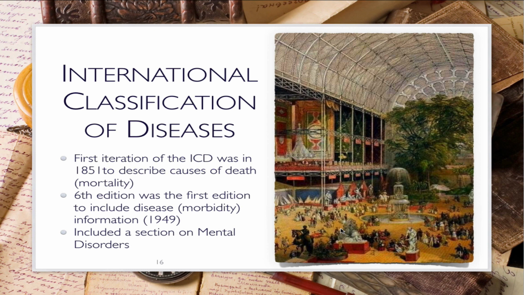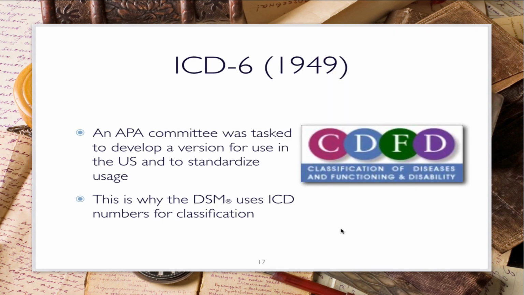Now, in the United States, they decided that they didn't like some of the names or the descriptions of those ICD-6 kinds of conditions. So a committee was tasked to develop a different version of this ICD to be used in the United States, and that was the DSM.